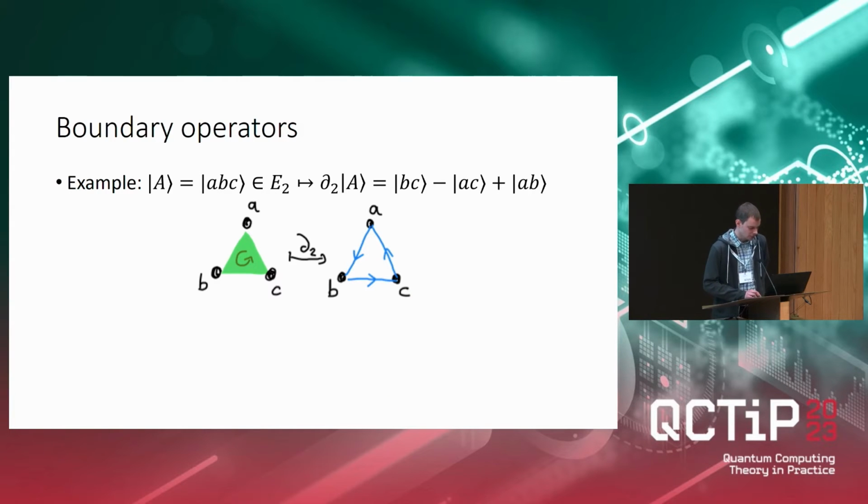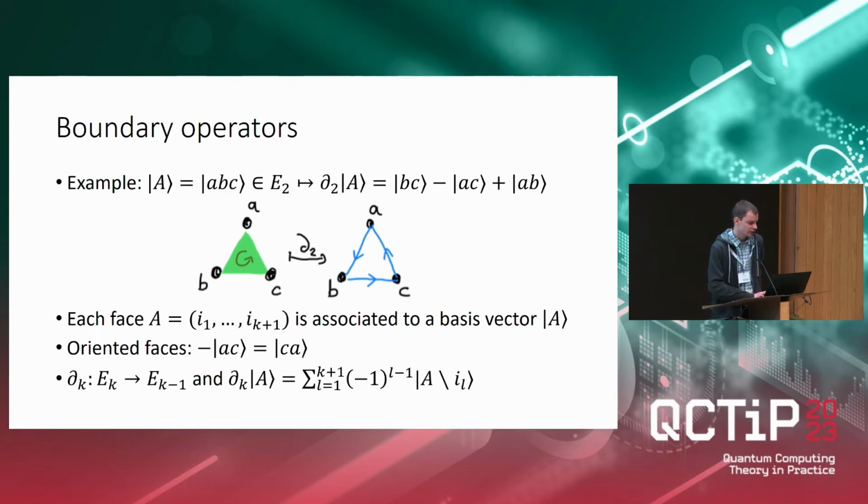So in a bit more detail, for each face, for each k face, that is k plus 1 vertices, we will assign a basis vector. That's why we have these ket signs here. And we are going to look at oriented faces, which usually just means that we orient the faces like in an increasing order, for example, from A to B to C. That's this little arrow here.